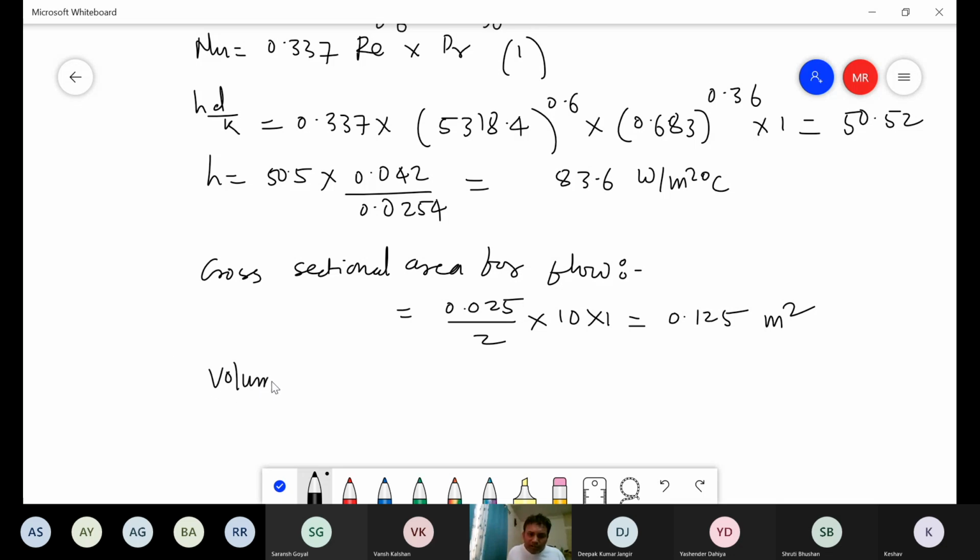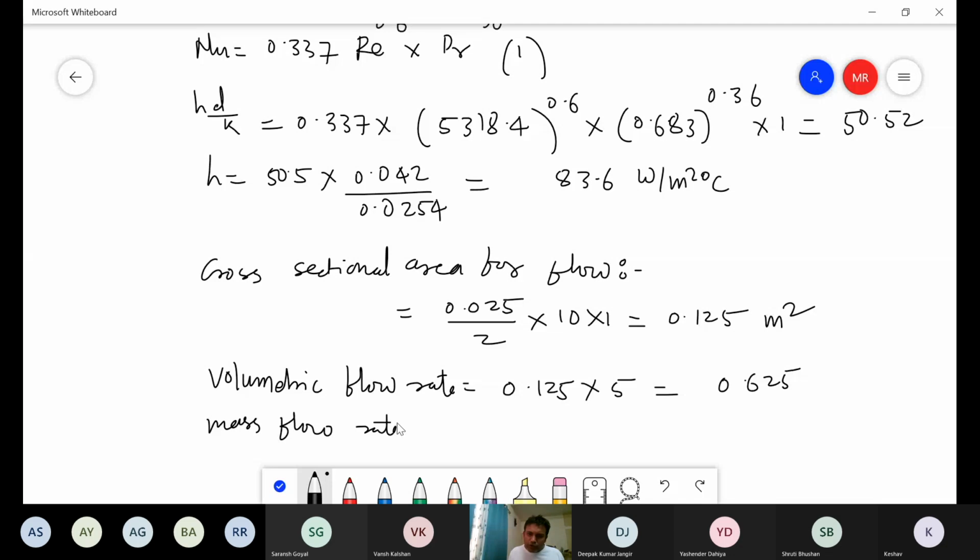Now we have to find out the volumetric flow rate. So the volumetric flow rate in this case is going to be what? This cross sectional area multiplied by velocity. So 0.125 into 5. So that is going to be my volumetric flow rate, isn't it? And what will be the mass flow rate? Mass flow rate is going to be 0.625 into density.